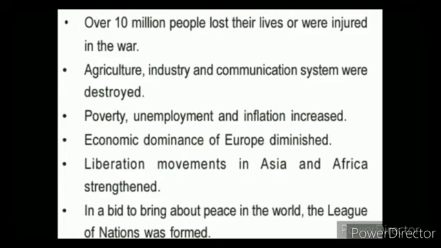Agriculture, industry, and communication system were destroyed. Poverty, unemployment, and inflation increased. Economic dominance of Europe diminished. Liberation movements in Asia and Africa strengthened. In a bid to bring about peace in the world, the League of Nations was formed.